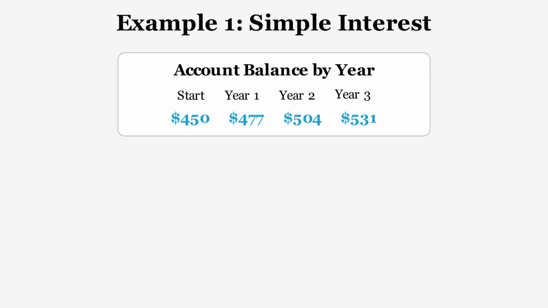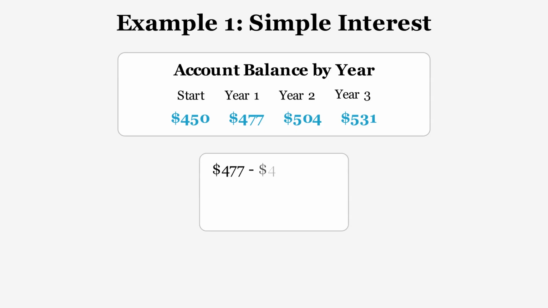It starts with $450. After 1 year, the balance is $477. After 2 years, it's $504. After 3 years, it's $531.